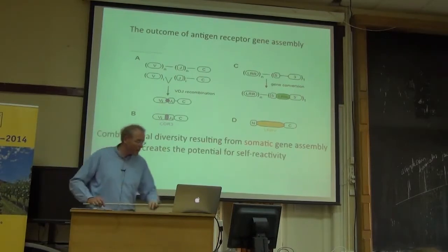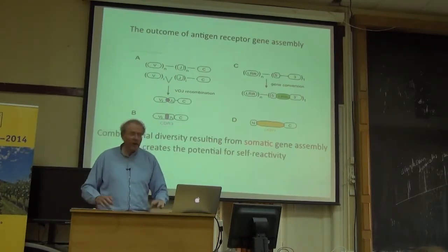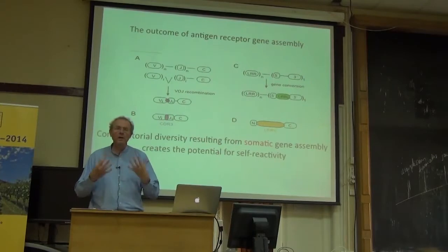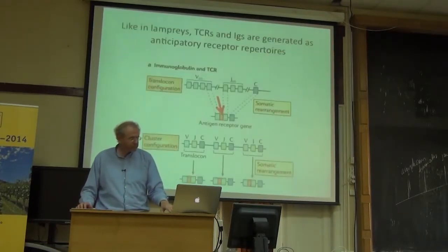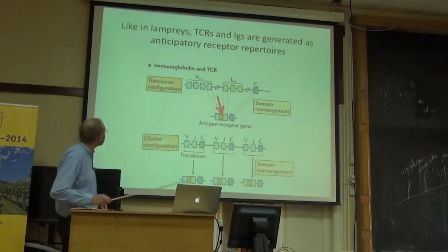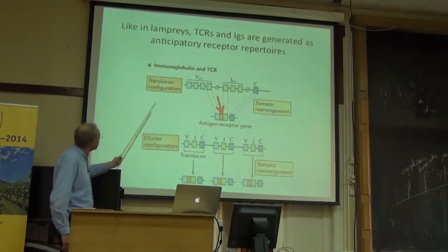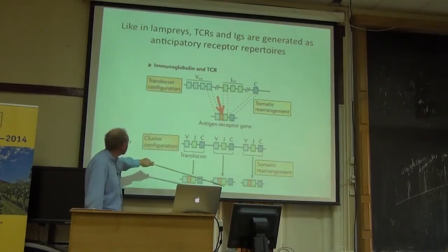So by this break and fusion process, you can make many different isoforms or isotypes of your receptor. Once again, like in lampreys, you fuse these things and bring them together.